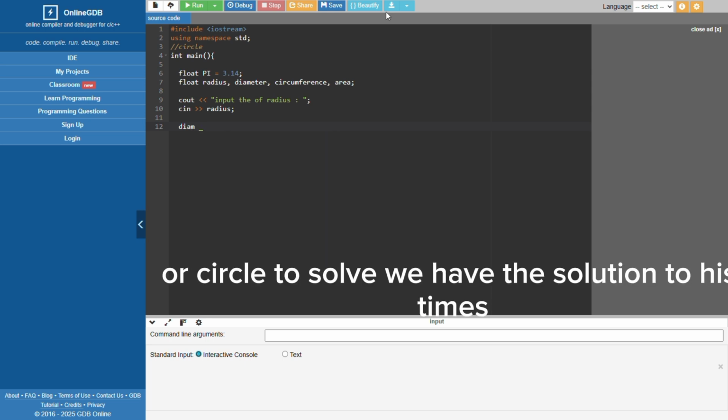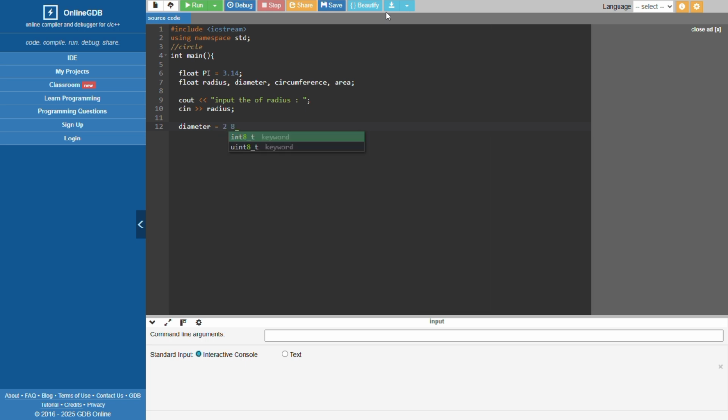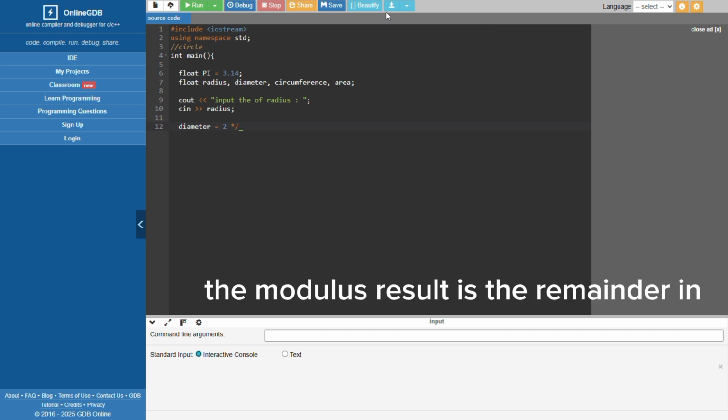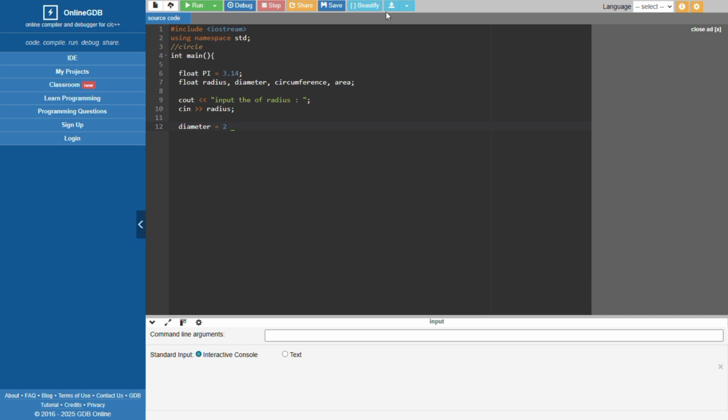So to solve, we have the asterisk, which is times. In C++, this is the times, this is the divide, and this is the modulus. The modulus result is the remainder in the division.